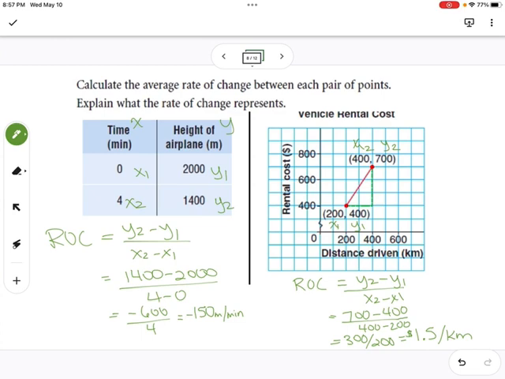So using the graph here, it would be going up 1 to 300, which is where we get this number here, the rise, and going over 1 to 200, which is where we get the run of 200 here. Okay, so whether you're using the formula or rise over run and looking at a graph, you will get the same answer.